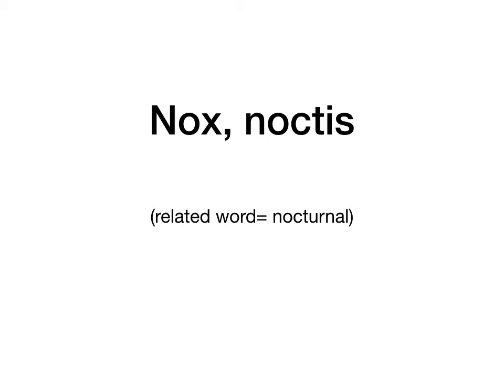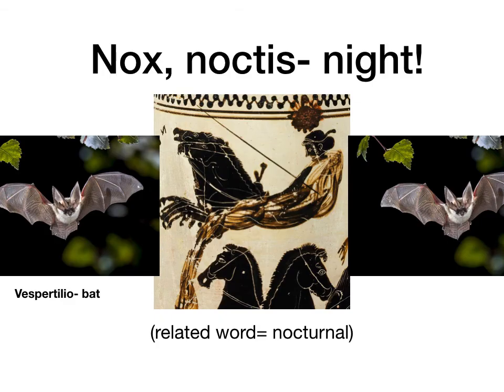So animals are nocturnal if they stay up at night. Okay, we have this weird ghostly image of this Greek goddess Nyx. Nix in Latin means snow, but for Greek that was this goddess of night who doesn't really show up too much, but she has some horses, I guess, who hang out with her.